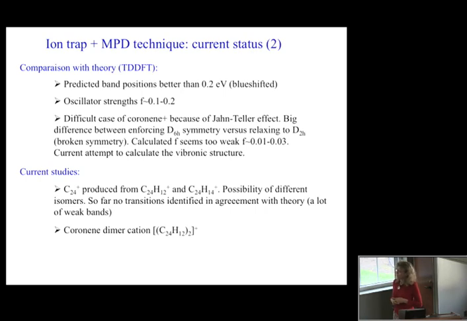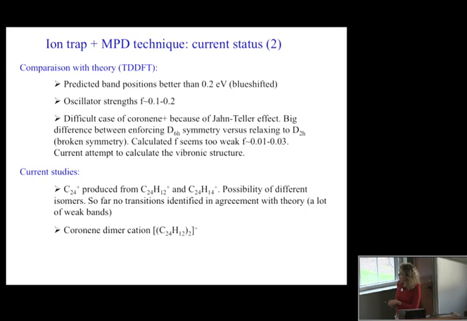But so far we haven't seen any bands. And this is consistent with theory, because these carbon cluster systems have many electronic transitions and none of them is strong. So this would be difficult to do, I think. That would be nice, but this is difficult.